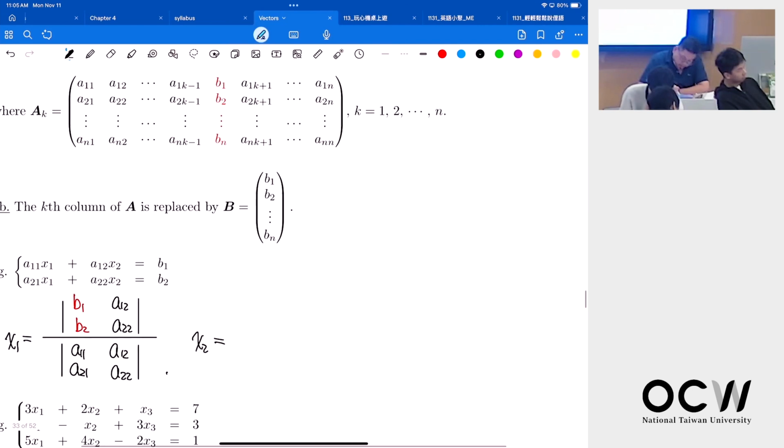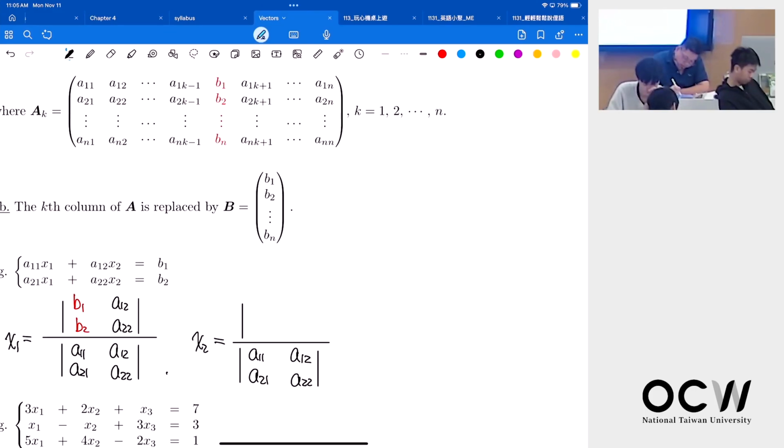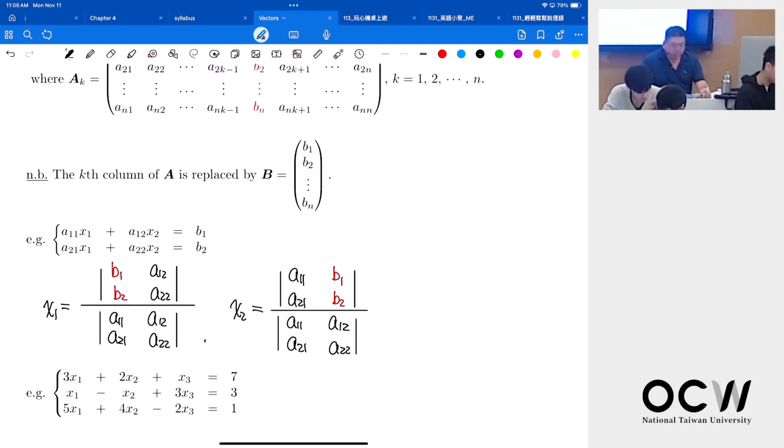For x2, the solution will be, the denominator is the same, the determinant of A. And the numerator, since it's x2, the second column will be replaced by B1, B2. Okay? Any questions for this?